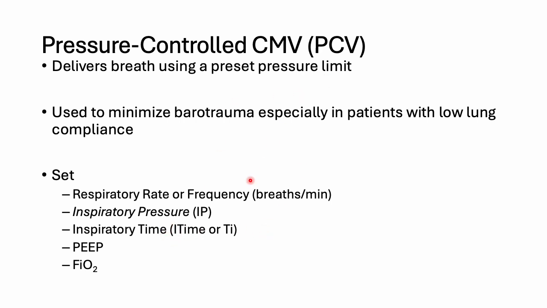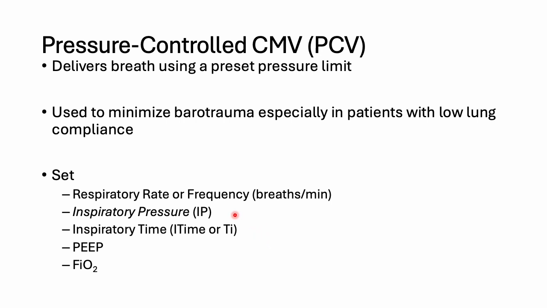The things that we will set for this mode on the machine are the set respiratory rate or frequency, the inspiratory pressure that limits the breath, as well as the inspiratory time. So there are two limits to this ventilation mode: pressure and time.